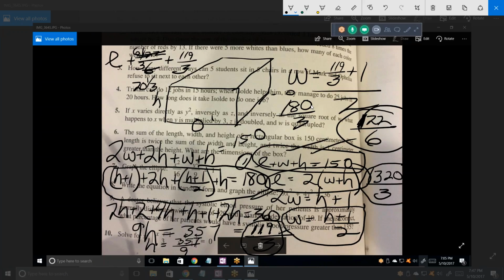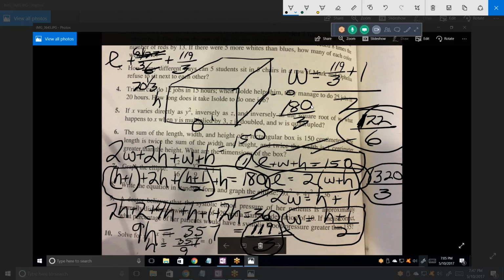Yeah, L has to be 90. Twice, 2 times 60, that's 120. Well, now the whole thing doesn't add to 150. The sum doesn't. What's wrong here?